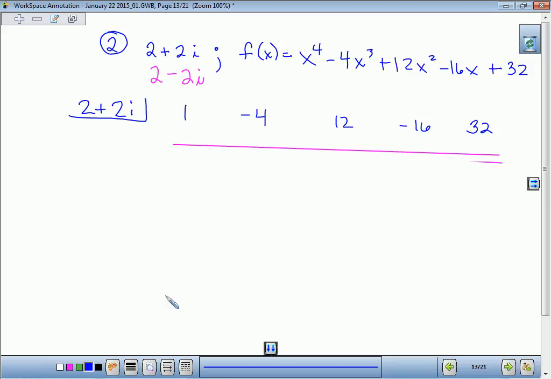Okay, so it gets a little bit ugly in the middle, and then it's nice at the end. So we're going to bring down that first one. When we multiply, we have 2 plus 2i. So when we add here, we have a complex number, negative 2 plus 2i.